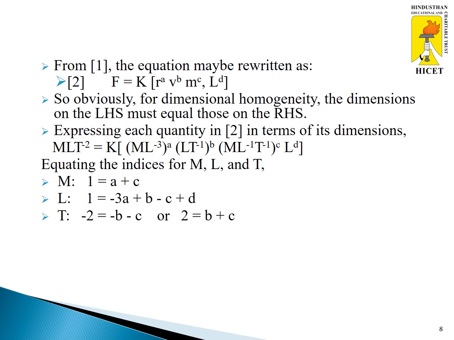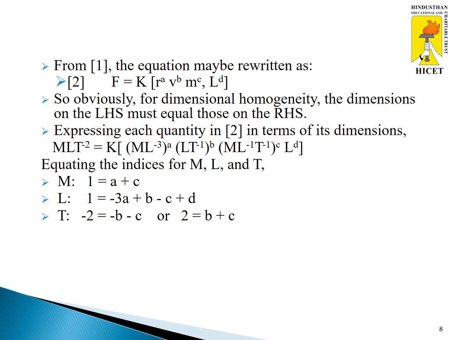For dimensional homogeneity, the dimensions on the left hand side must be equal to the right hand side. For expressing the quantities in equation 2 in terms of their dimensions, F is denoted as MLT^-2 equal to K, R is (ML^-3)^A, then V is (LT^-1)^B and small m is (ML^-1T^-1)^C, then capital L is L^D.